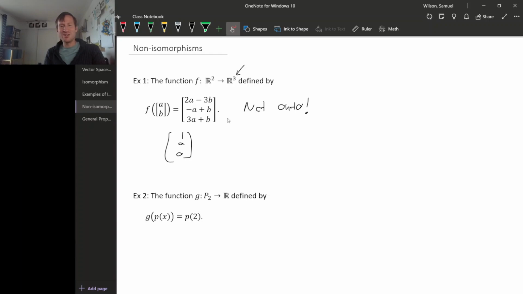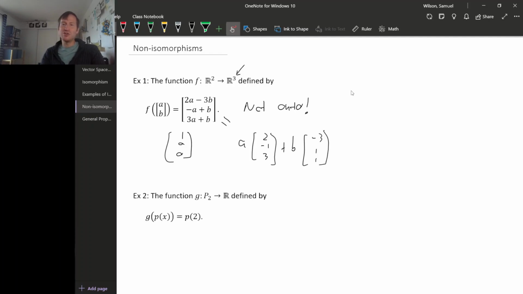Well, you might notice that this formula for the output is actually just a times (2, -1, 3) plus b times (-3, 1, 1).